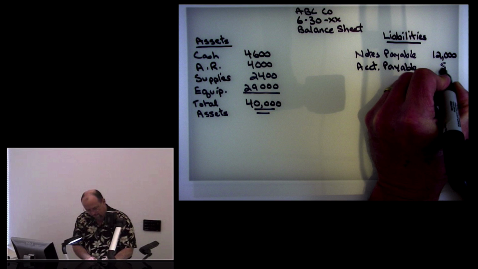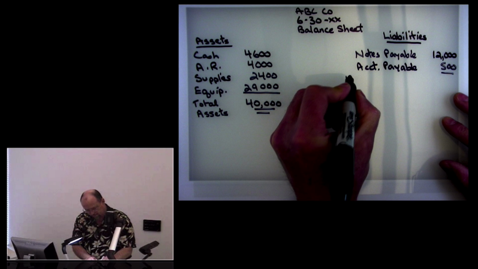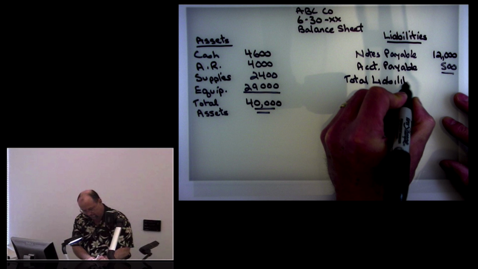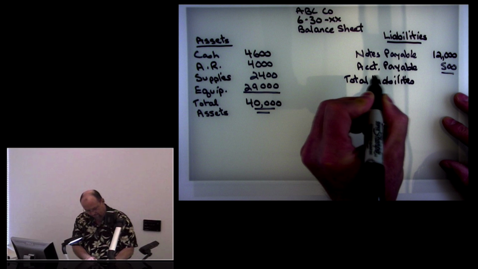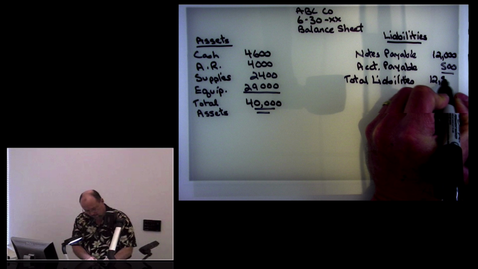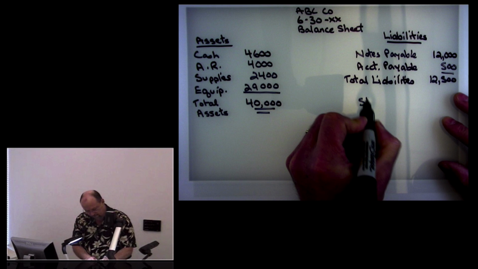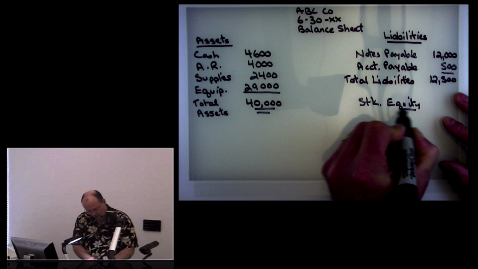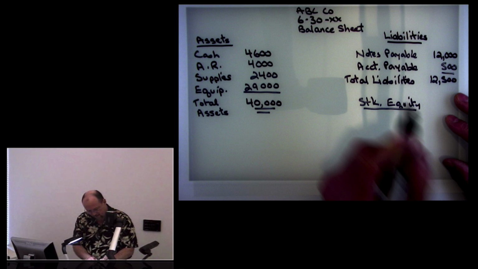And I have accounts payable for $500. Total liabilities is $12,500. And then I have stockholders' equity.